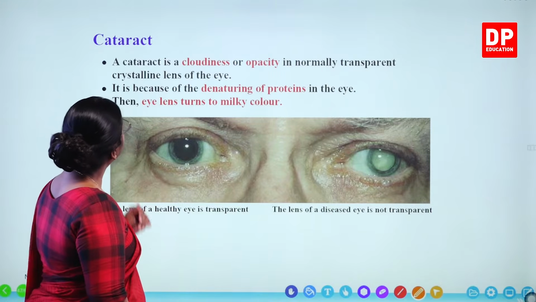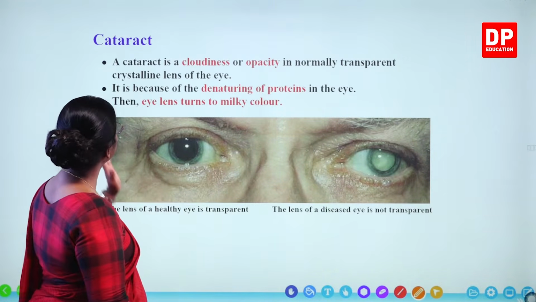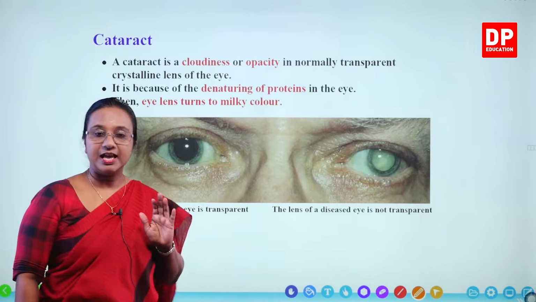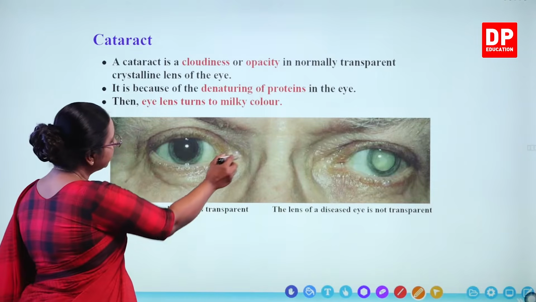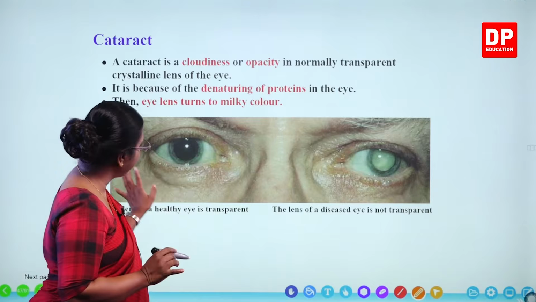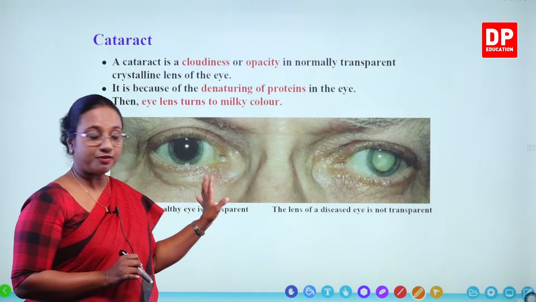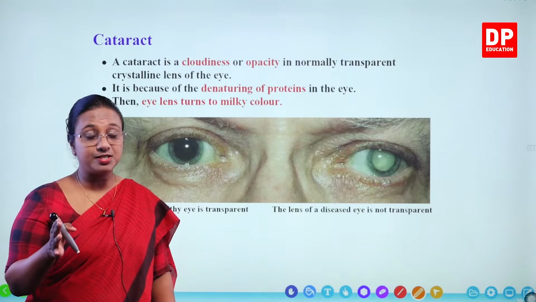Cataract. Cataract is a cloudiness or opacity in the normally transparent crystalline lens of the eye. I will explain that to you all. Look at this diagram. Here on this side you can see the lens of a healthy eye. You are all familiar with the structure of the eye. The outermost layer is the cornea, which you all know is transparent.